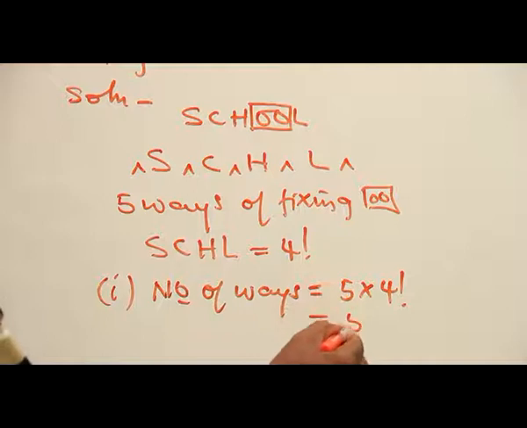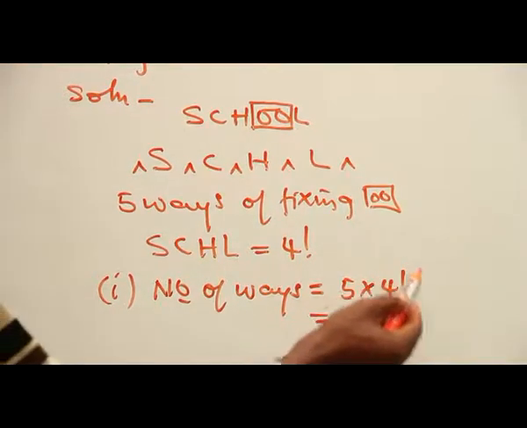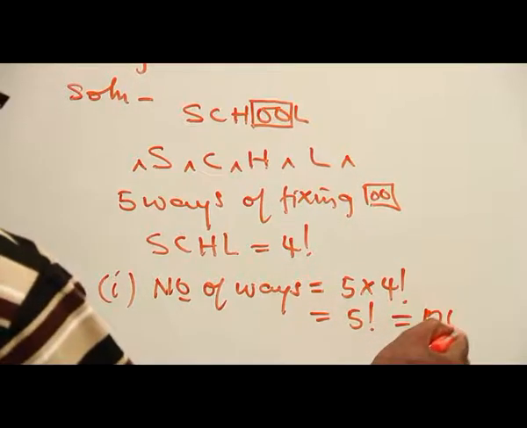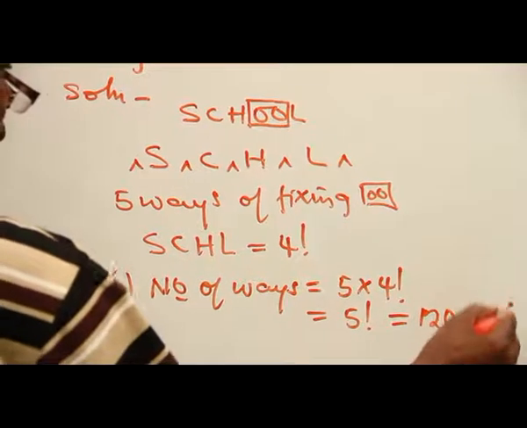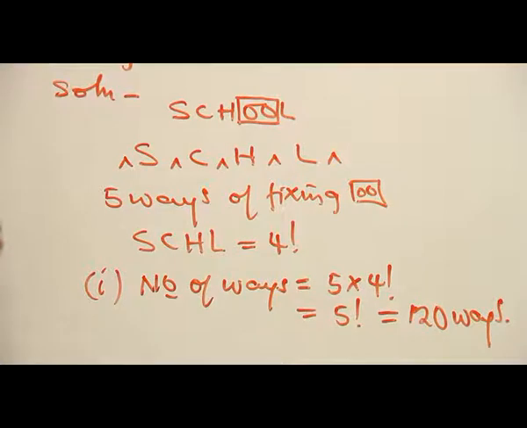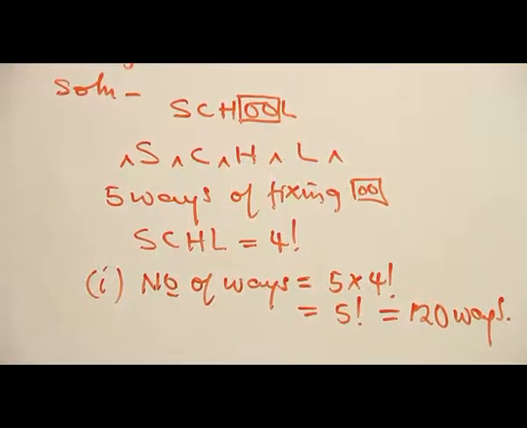Technically, this means 5 factorial, because if you expand this, 5 times 4 times 3 times 2, which is 5 factorial. And 5 factorial is equal to 120 ways. So for it to be together, this can be arranged in 120 different ways.